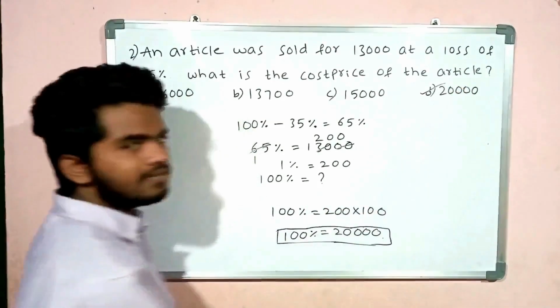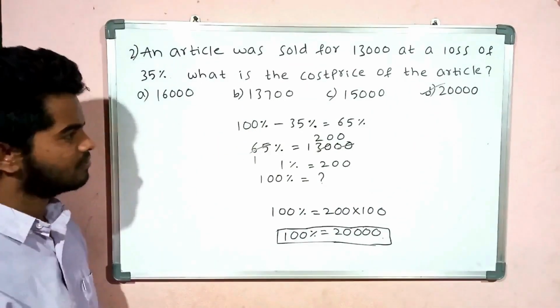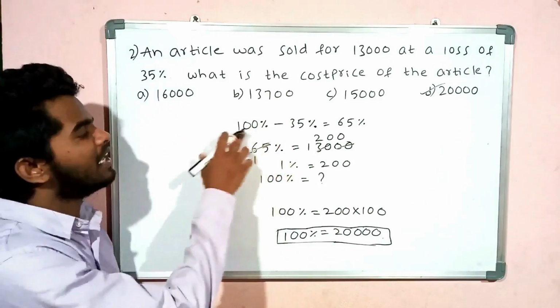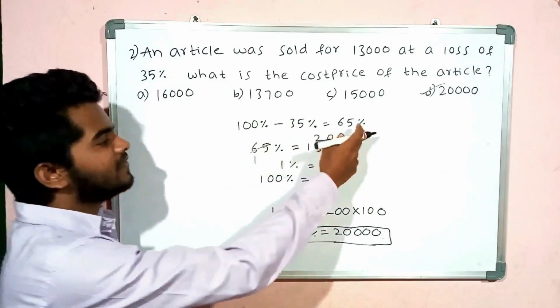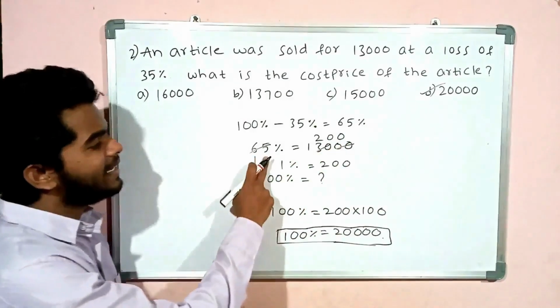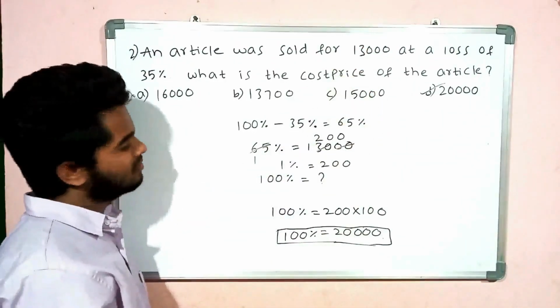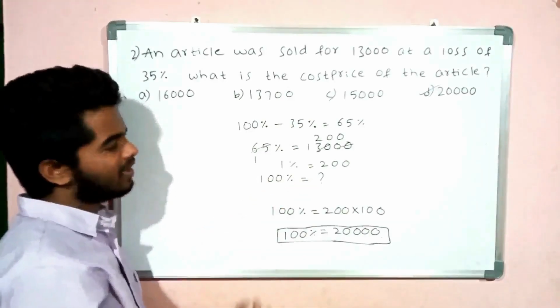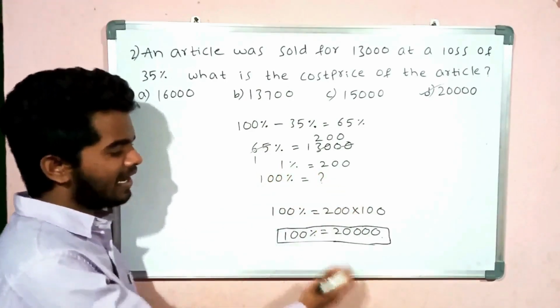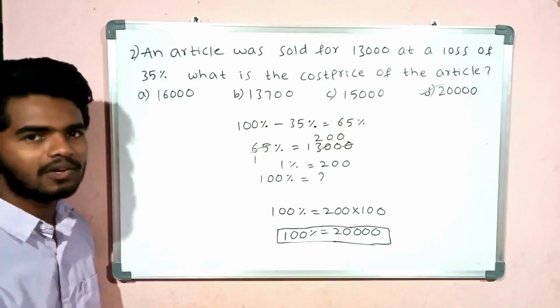Option D. Loss is 35%. Subtract from cost price, so 65% selling price. 65% selling price equal to 13,000. So 100% equal to question mark. 1% equal to 200, 100% equal to 20,000.